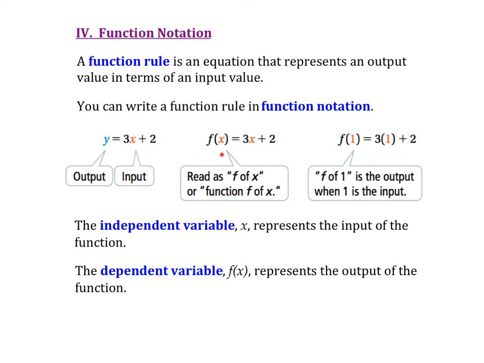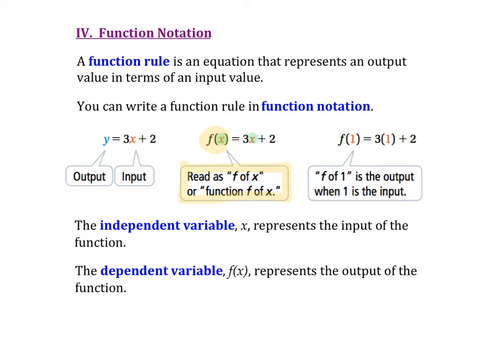Now what we need to do is start getting used to function notation. So this little f parenthesis x, this is not f times x. This whole piece is actually one entire unit, and it is read as f of x. So this little phrase right here is f of x, which means this would be f of 1. Now whatever the value inside the parentheses is, that's going to represent what is getting replaced as an input.